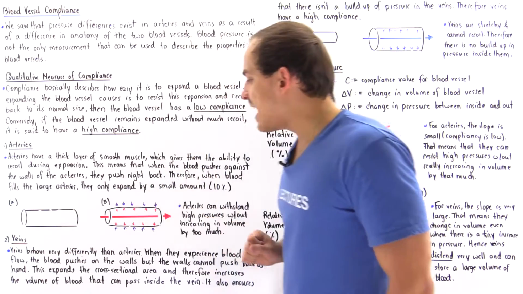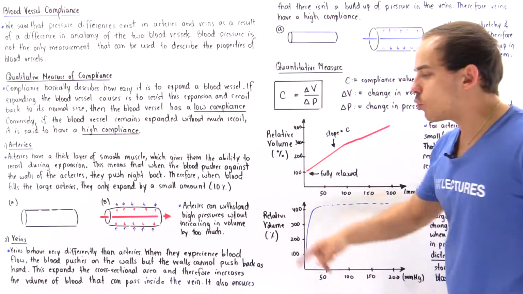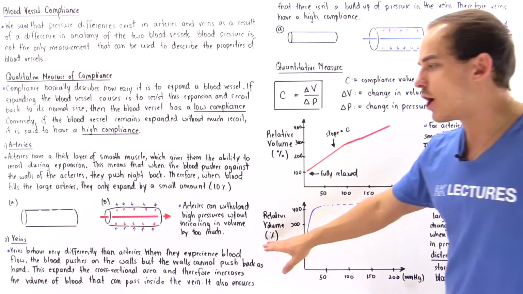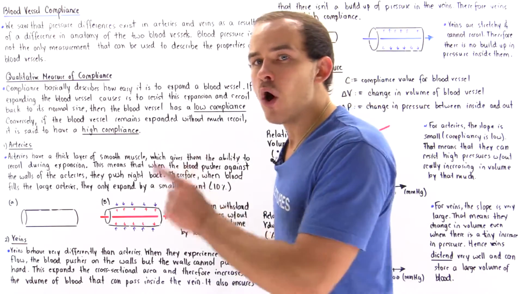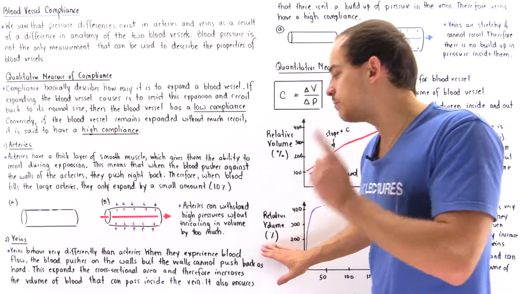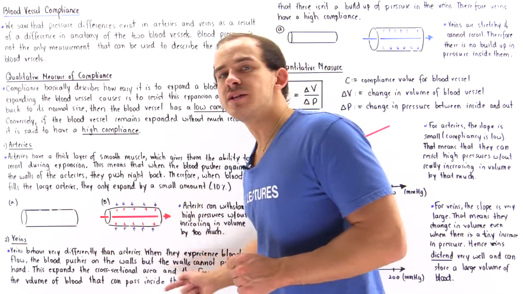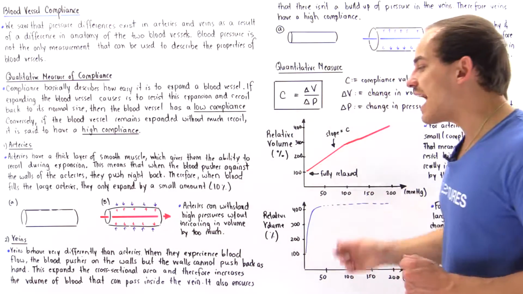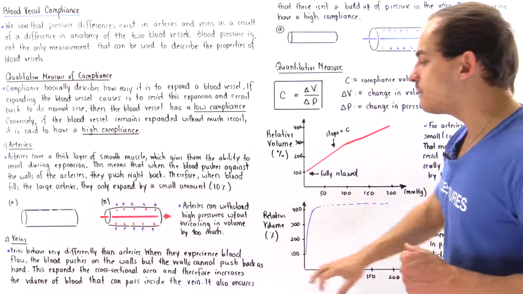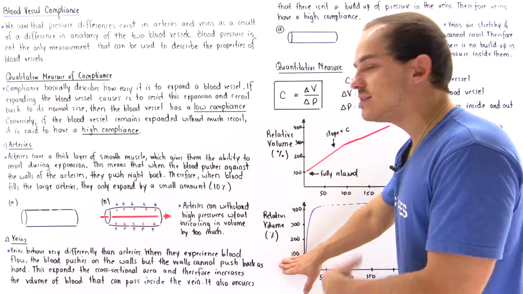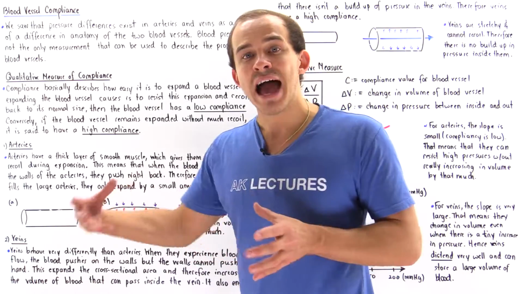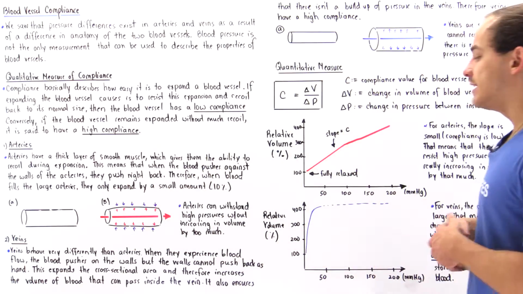So veins behave very differently than arteries. When they experience blood flow, the blood pushes on the walls, but the walls cannot actually push back as well. And so what happens is this increases and expands the cross-sectional area of our vein and therefore increases the amount of volume that can pass along that given vein.